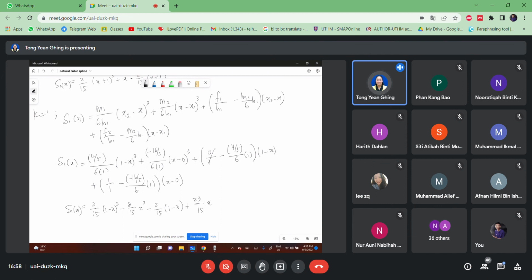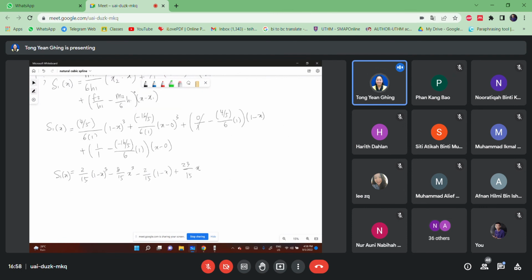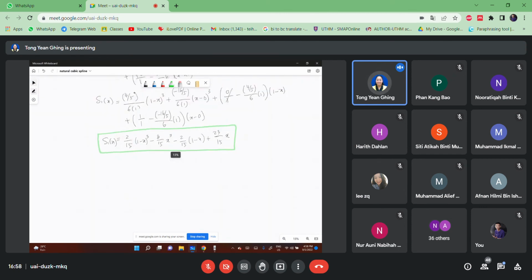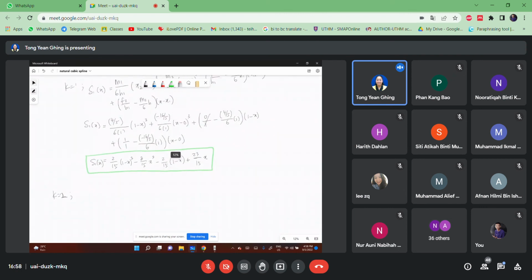So this is the second one. I draw: this one is the first cubic spline polynomial just now, this one is another polynomial, and now we have to find when k equal to 2. We have to find S2 of x.